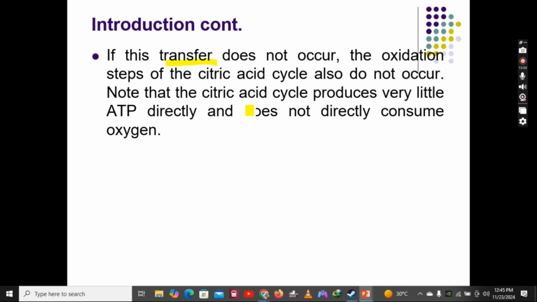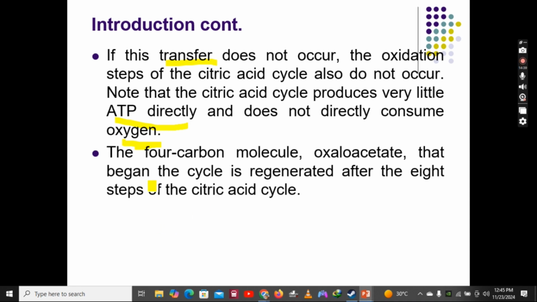Note that the citric acid cycle produces very little ATP and does not directly consume oxygen, because it's the next step that will consume oxygen. The citric acid cycle does not directly consume oxygen, but the next step that uses the NADH and FADH2 is the step that will directly use oxygen. That's what this point is trying to explain here.